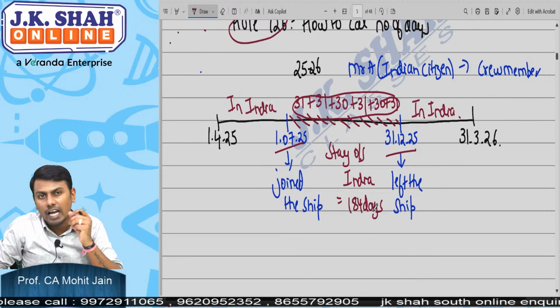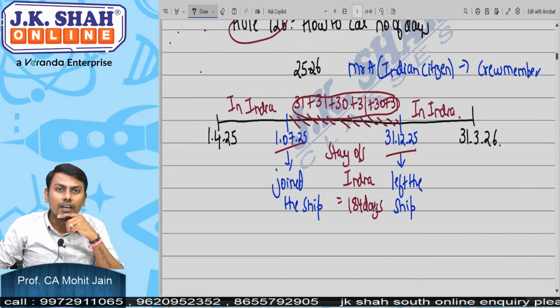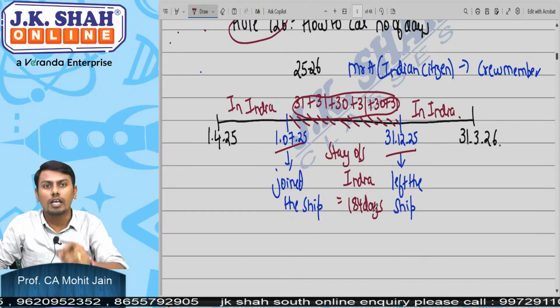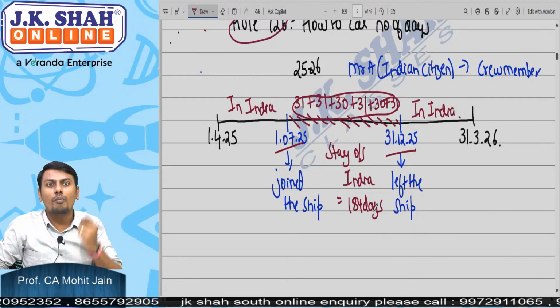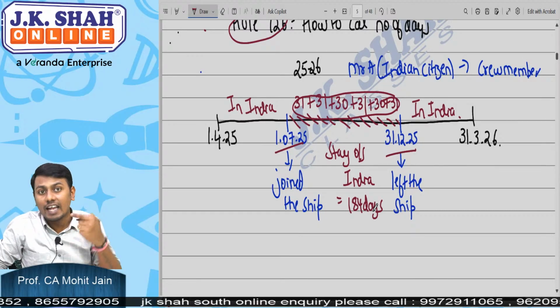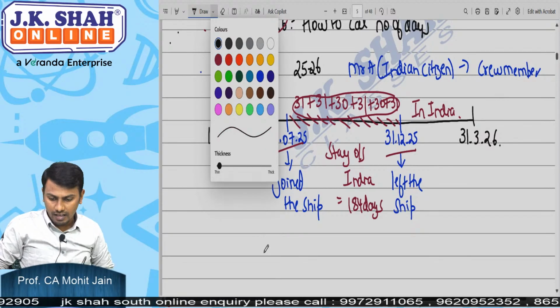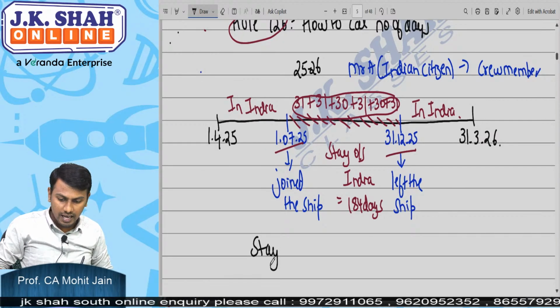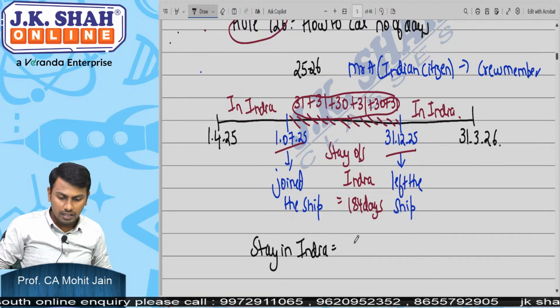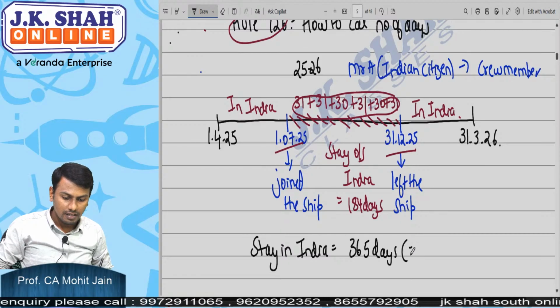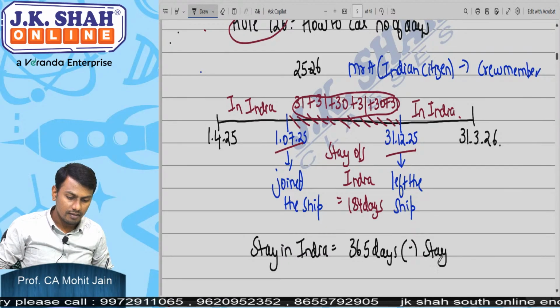So people, I have a question. If in a year I was outside India for 184 days, as a corollary, can you tell me how many days was I in India? Can I say stay in India is equal to 365 days minus stay outside India?